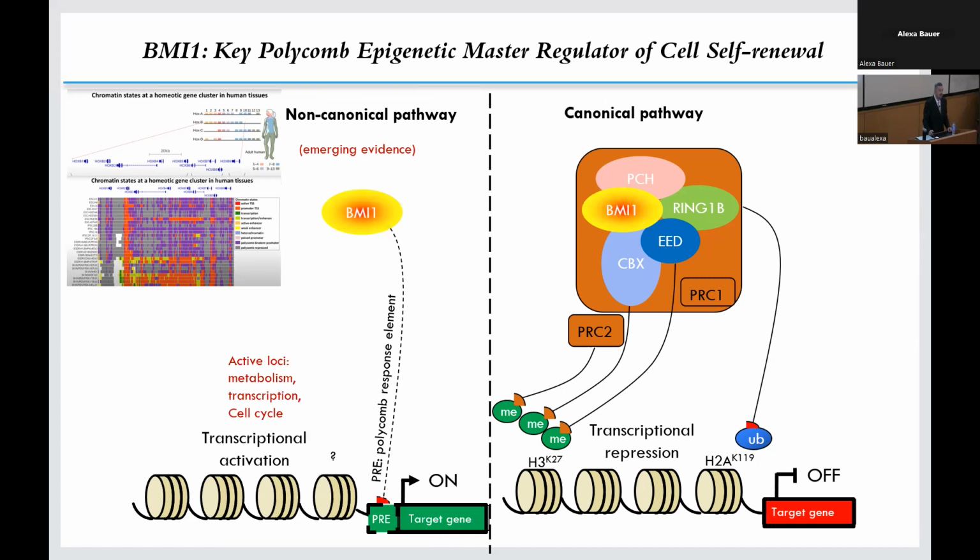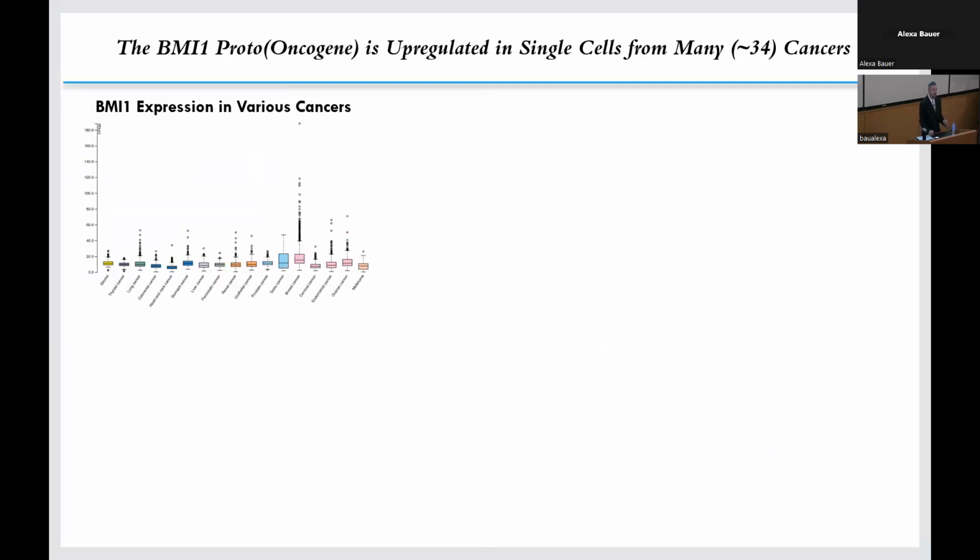And this is work we've been looking at in my lab, that there are sites within the promoters of many target genes that have what are called PREs, the polycomb repressor elements, that could be involved in transcriptional activation. So this is a long-term goal for the lab, to study targets of BMI1 and how it actually balances transcription repression and transcription activation in many different cell types.